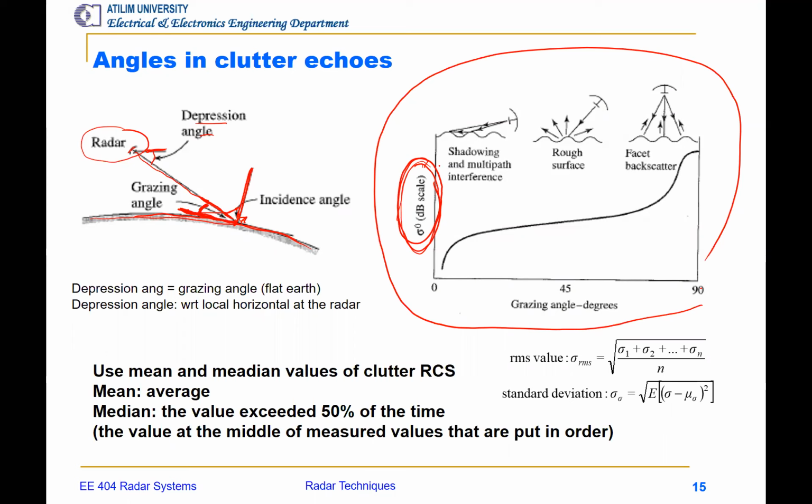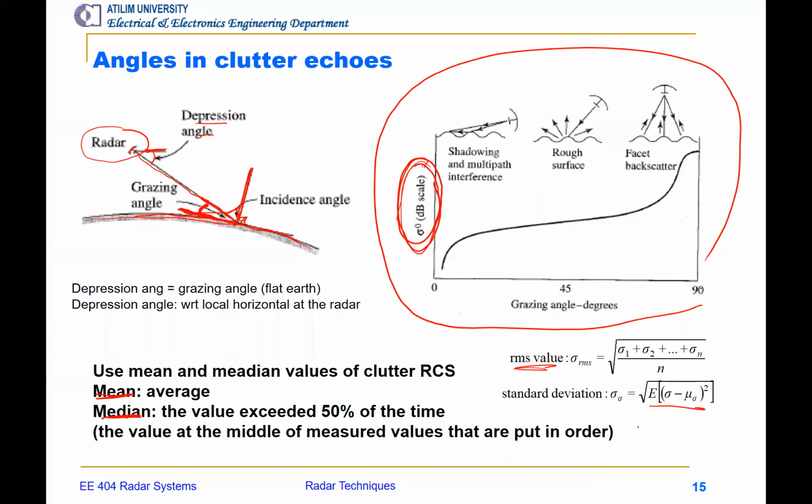In doing this, we get statistical characteristics as usual: mean value, median value, standard deviation or variance, and RMS value. So we just repeat the measurements n times and then get the average, and then its square will be the RMS value. For standard deviation, if it is a random variable, we simply take the expectation of sigma minus mu, squared.